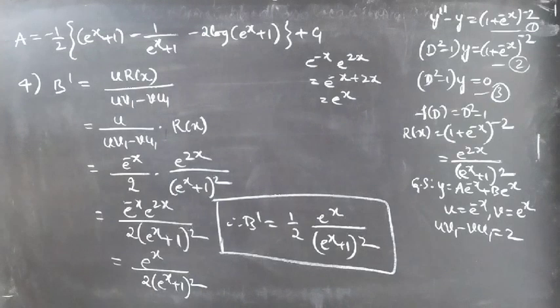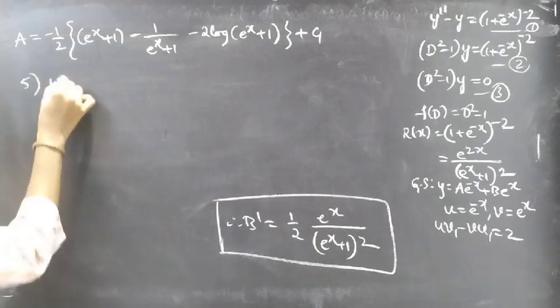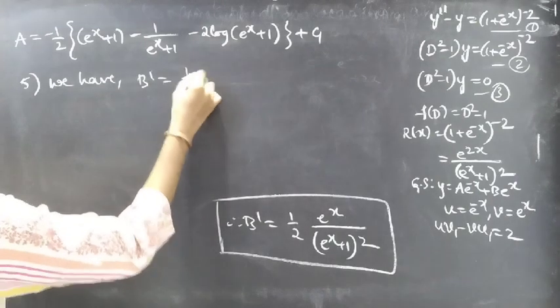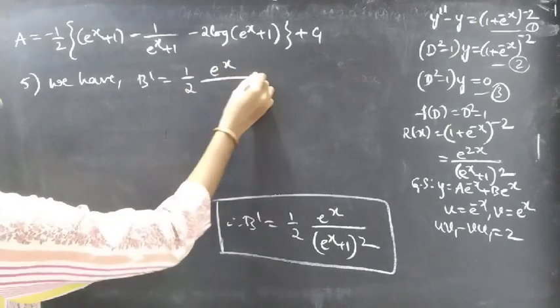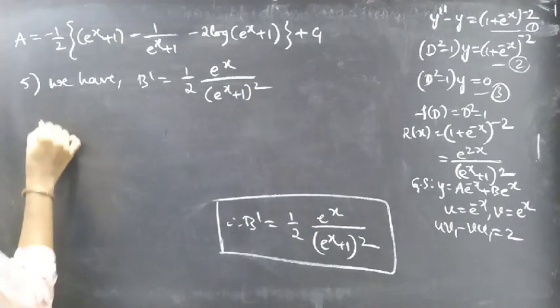We got b dash. Let's now find b using this b dash. We have b dash equal to 1 by 2 into e power x by e power x plus 1 whole square, right?